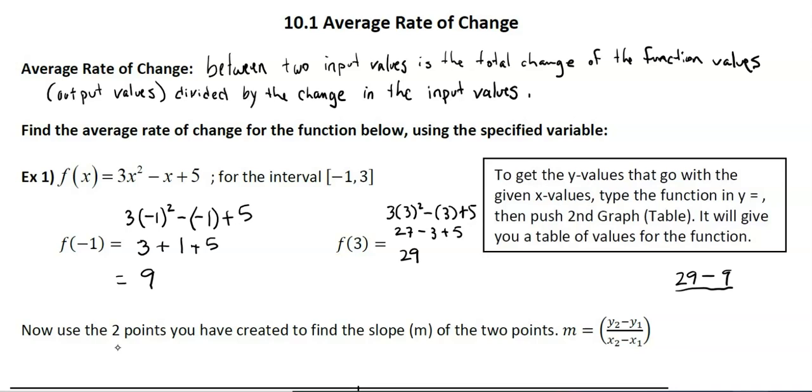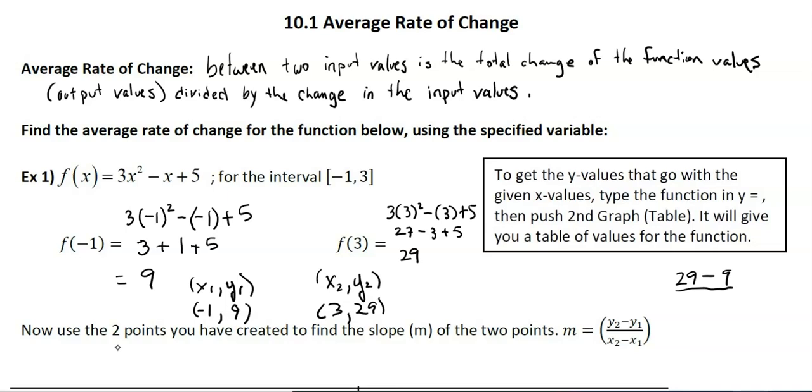So if I say this is the second point, x2, y2, x2 is 3 and y2 is 29. And over here, x1, y1, x1 is -1 and y1 is 9.